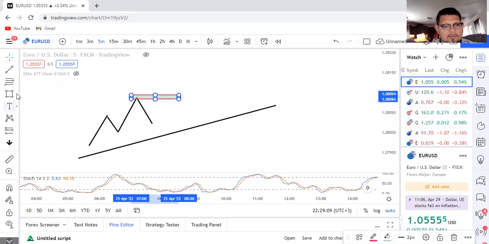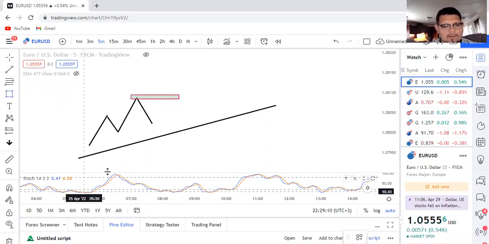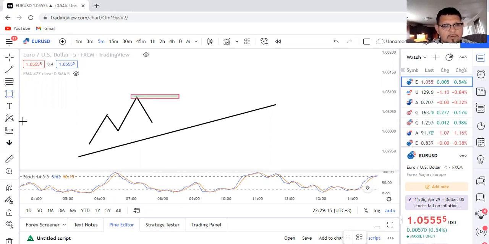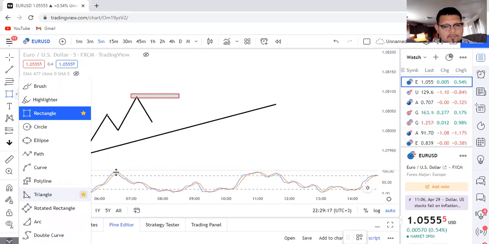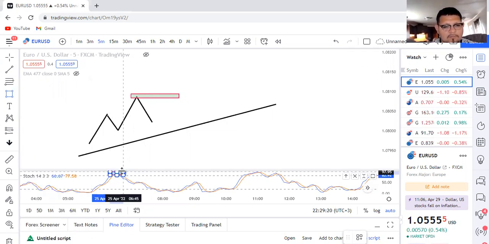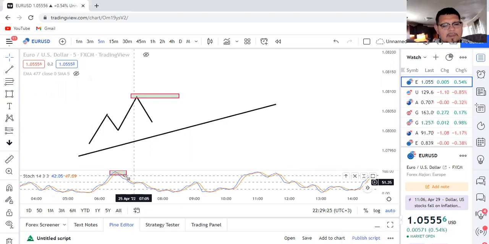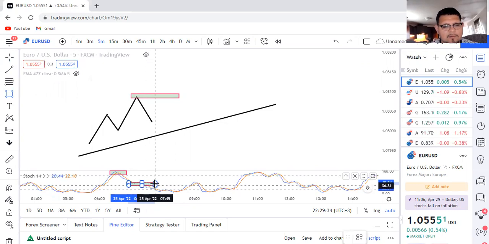As it creates a high on the 15-minute time frame, we're gonna look for the stochastic to go above the 20 level. Sorry, not the 20 level, the 80 level, right? As a sign of overbought. And then we want to see it go below the 50 on the 15-minute time frame.